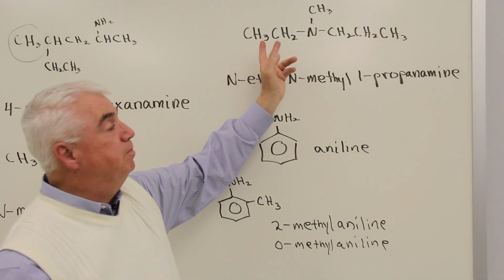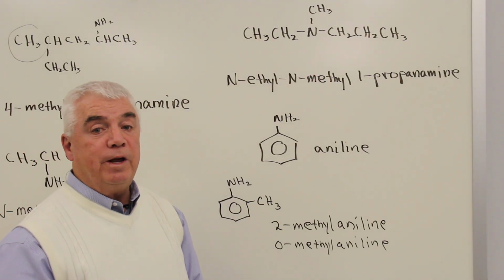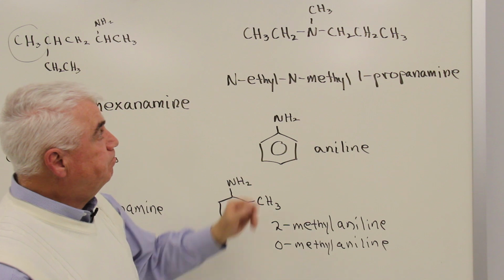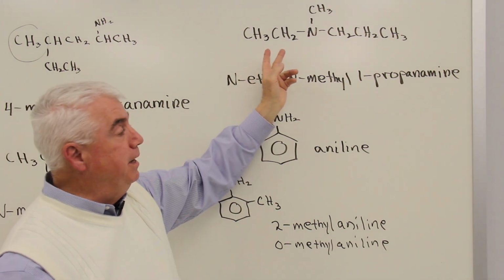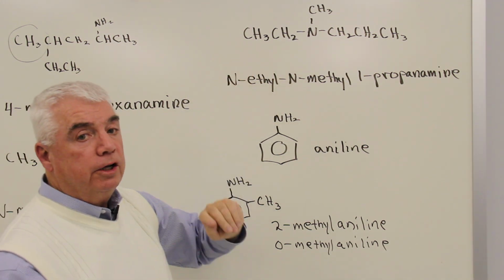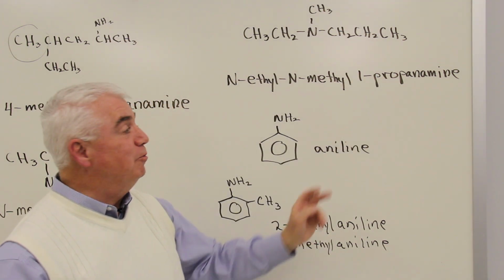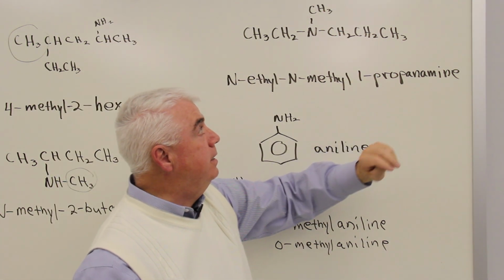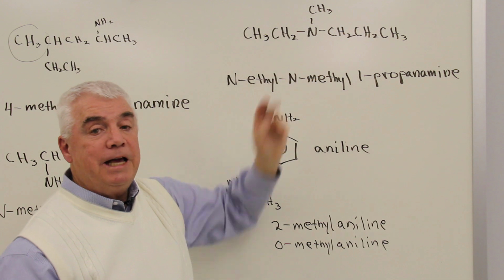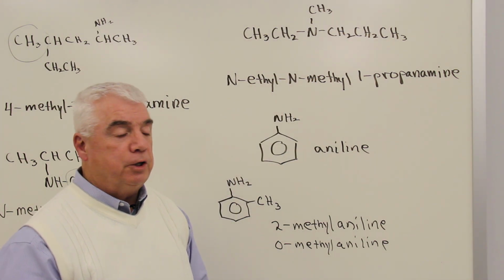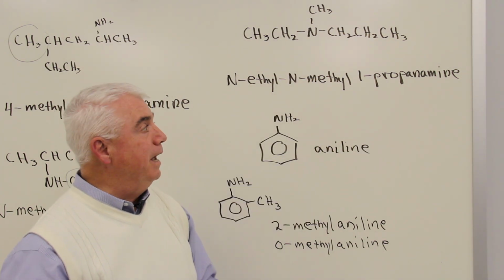With this structure, we see that the nitrogen has 3 carbons attached. So it's a tertiary amine. The longest chain over here is 3 carbons, so our base word would be propanamine. The nitrogen is attached to that chain of 3 at position 1, 1-propanamine.